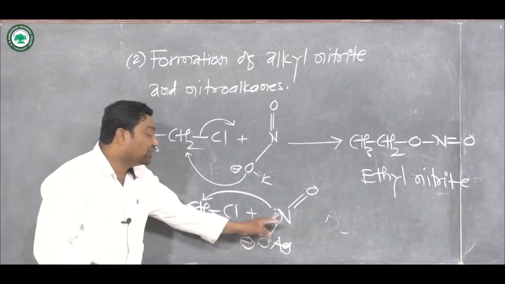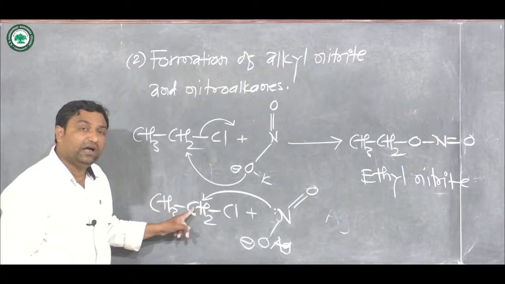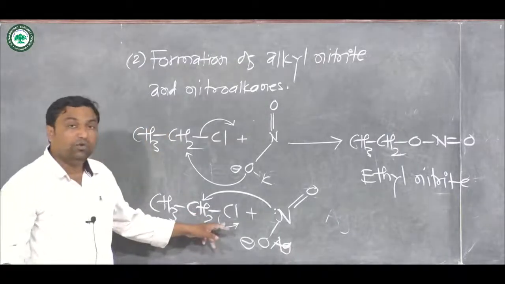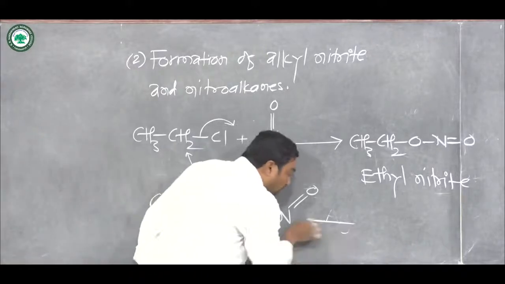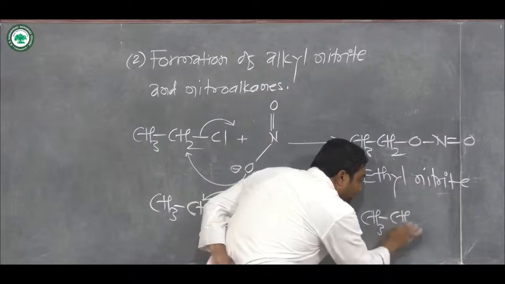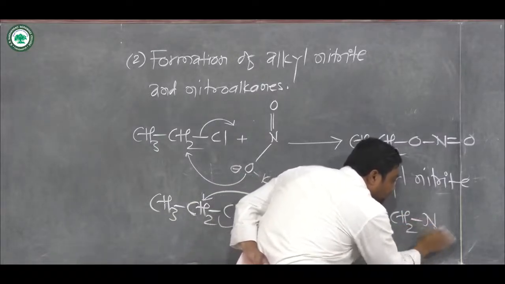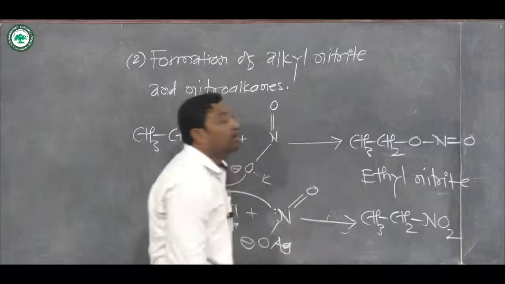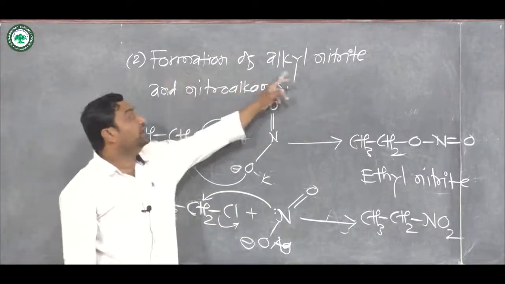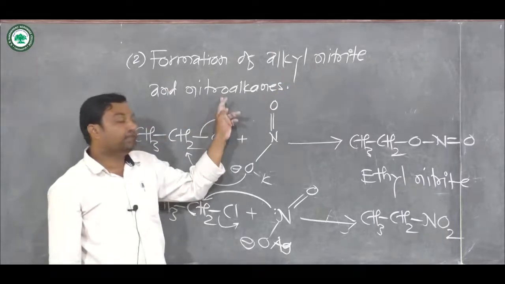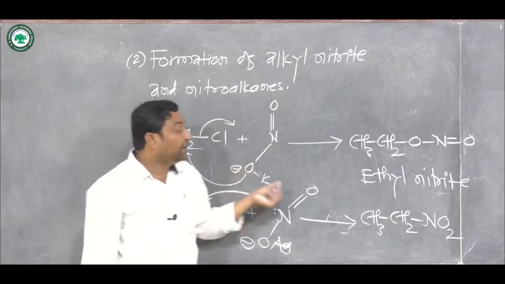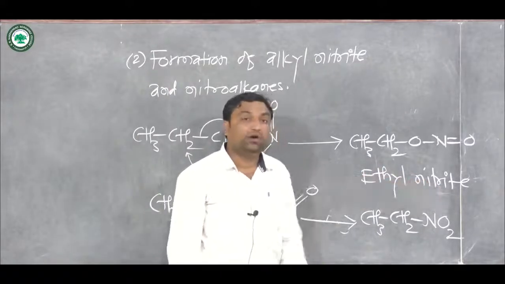As soon as the nitrogen atom attacks the electrophilic carbon atom, the chlorine is removed to form this nitroalkane as a product. In the formation of alkyl nitrite and nitroalkanes, if the oxygen atom acts as a nucleophile, we will obtain ethyl nitrite as a product.